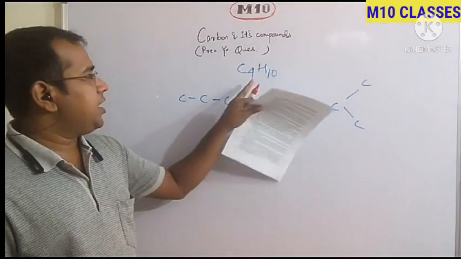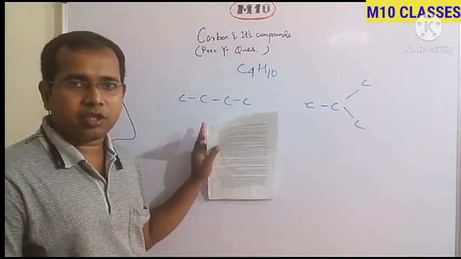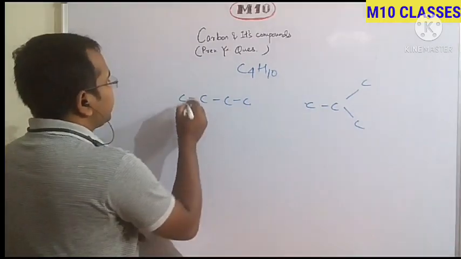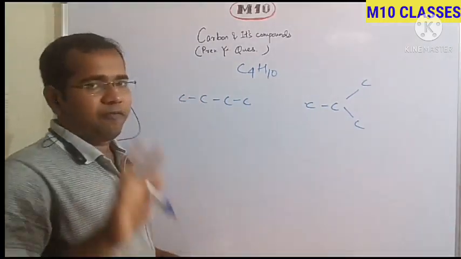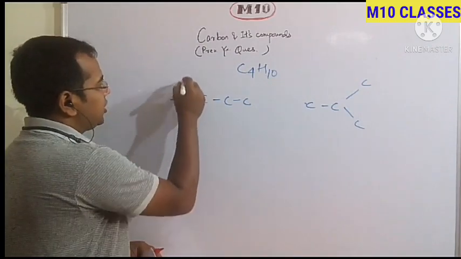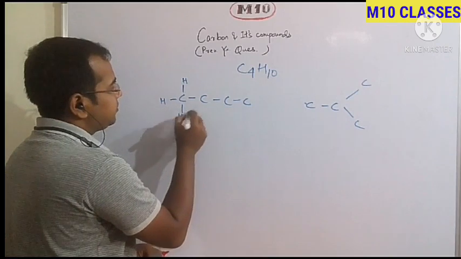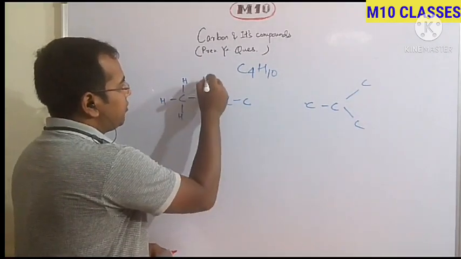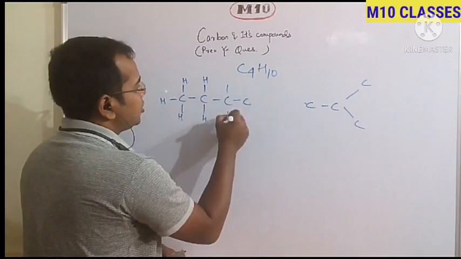While finding these structures, first of all draw the skeletal structures, then fill in your hydrogens. A carbon can have 4 single bonds. So here it is 1, so you can have 3 single bonds here for hydrogen. For this carbon you have 2 single bonds, so you can have 2 more single bonds.